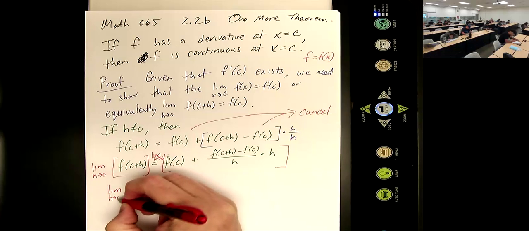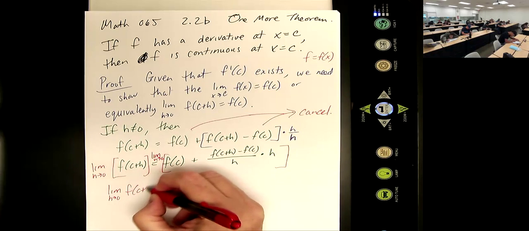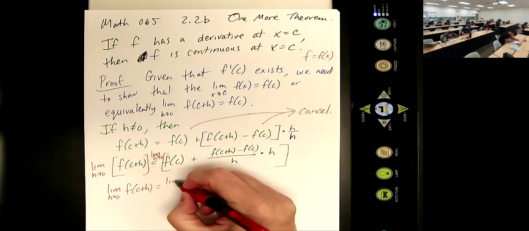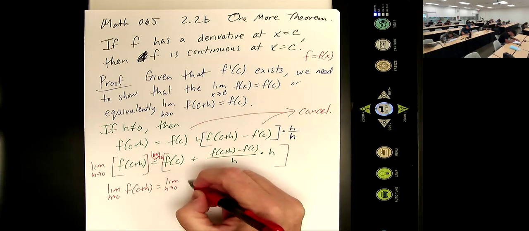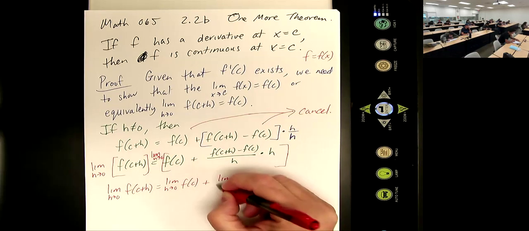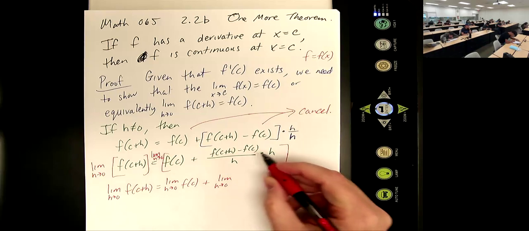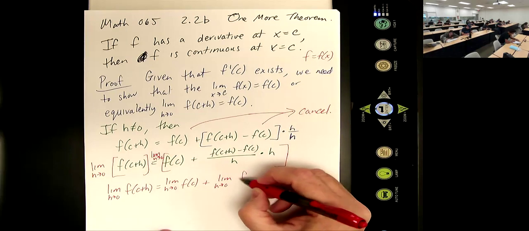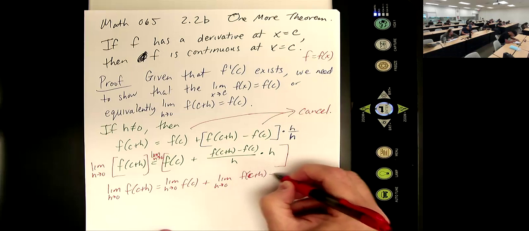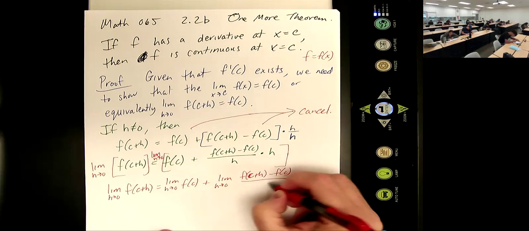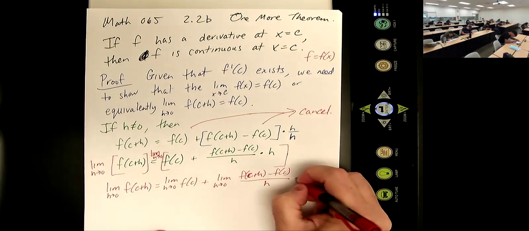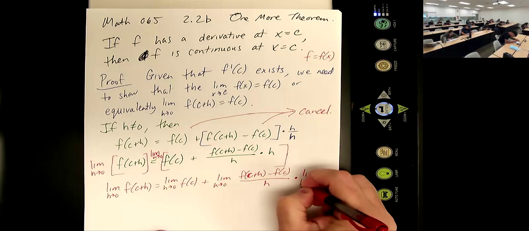The limit as h goes to 0 of f of c plus h equals the limit as h goes to 0 of f of c plus the limit as h goes to 0 of f of c plus h minus f of c over h, times h.